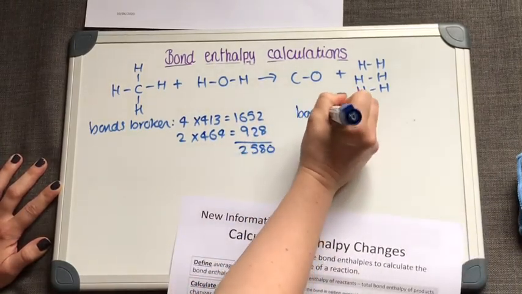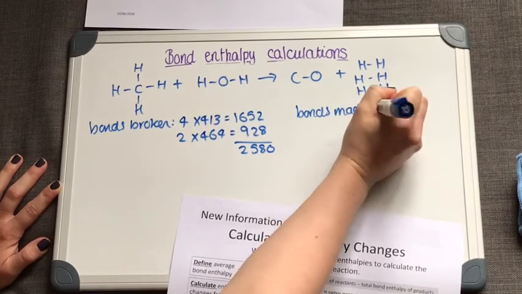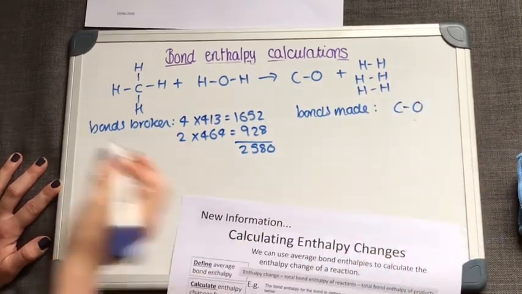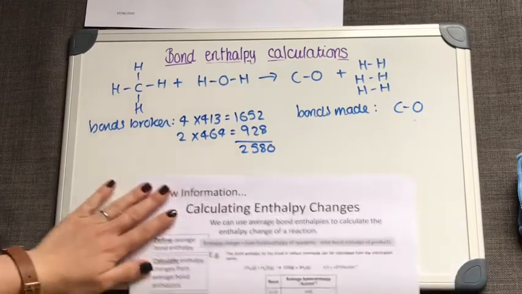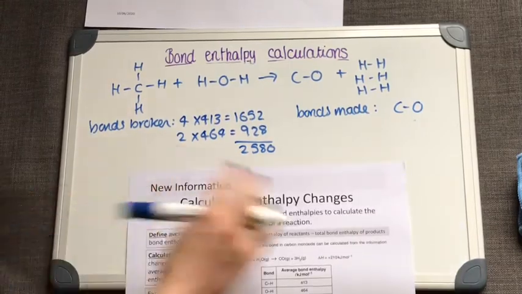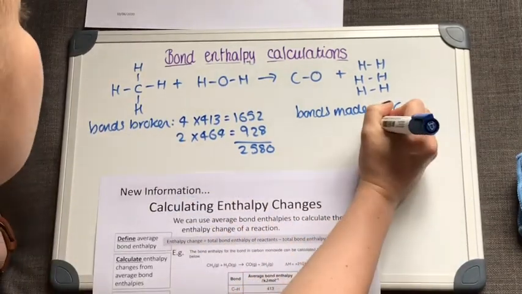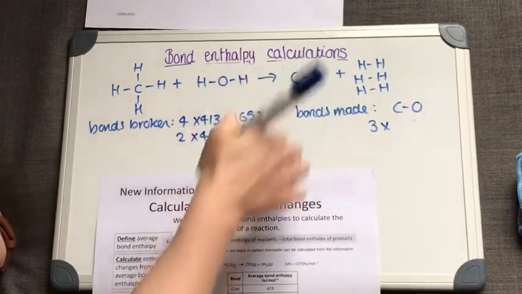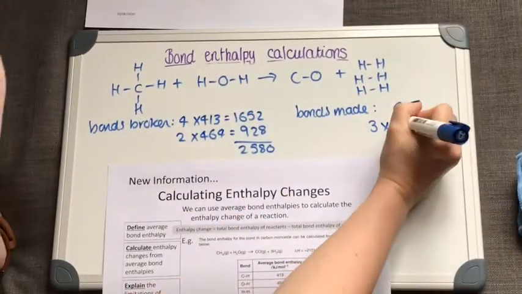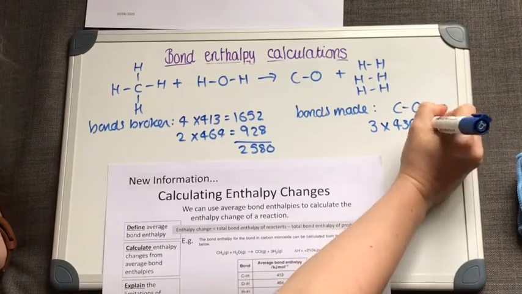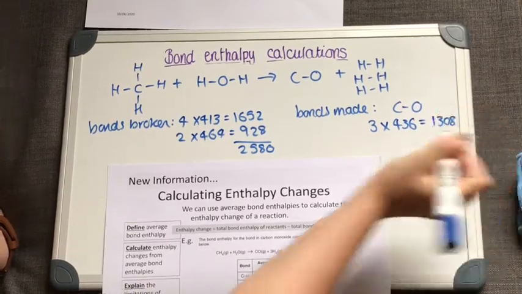For my bonds made, I've got the CO bond. I don't know what that is. That's the value that I'm trying to find, the bond enthalpy for that bond in carbon monoxide. And I've got 3 of the HH bond, which has a value of 436, like so.